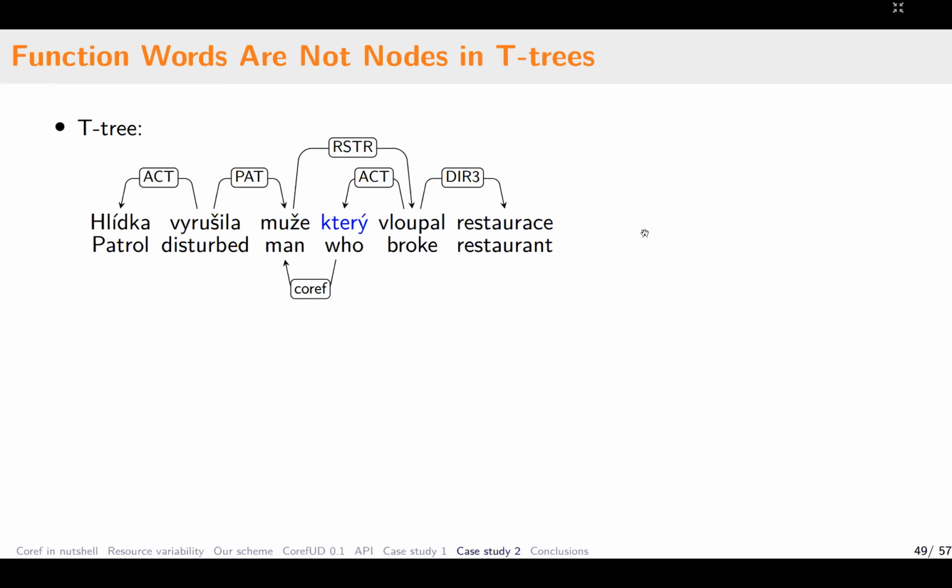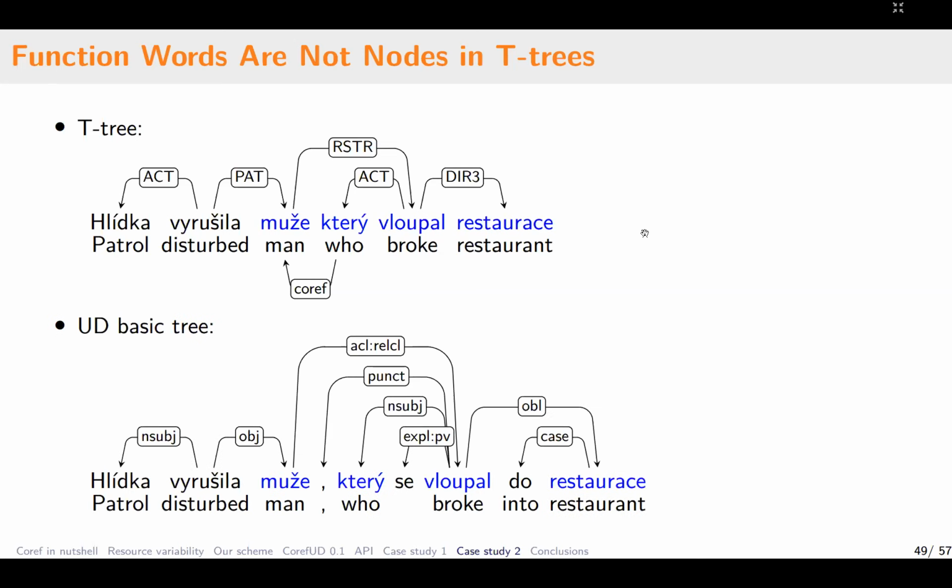That's legitimate here. But now when we convert it to UD, and in this diagram, I'm still looking just at the basic tree in UD, we can see that there are gaps in the mention, and that's because in the tectogrammatical tree, only content words have their own nodes. So for the function words here, for the reflexive se and for the preposition do, they don't appear to be part of the mention, because when we go over all these nodes in the subtree, we don't see them.